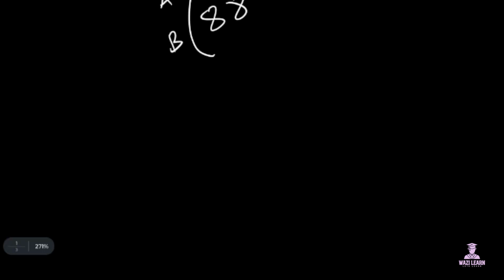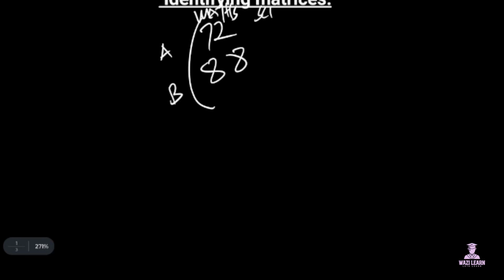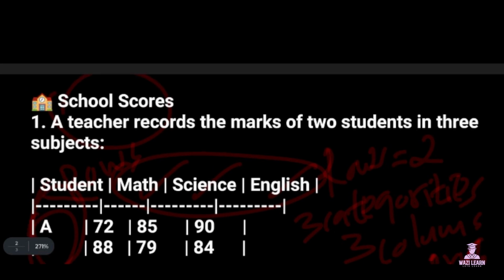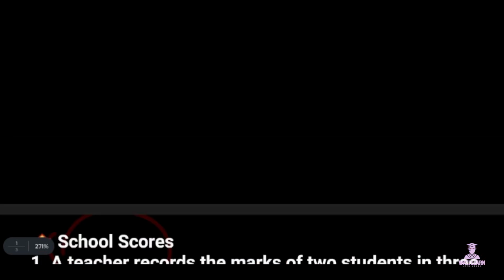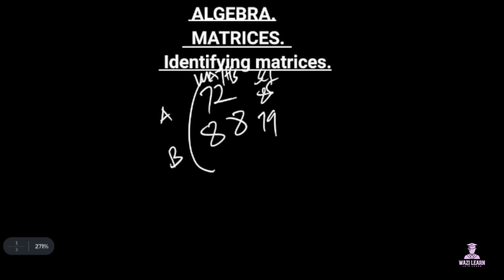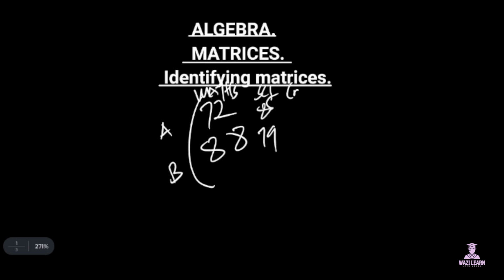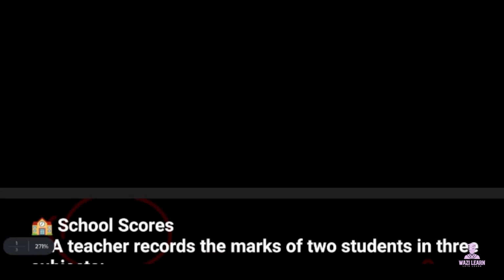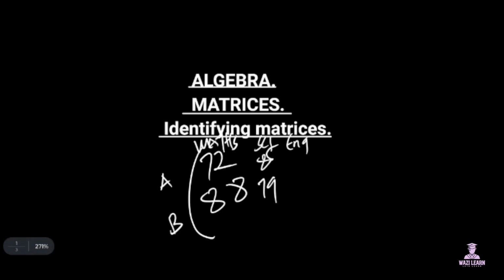And then we'll go to science. So it will be 85, 79. And then the last one will be English. Student A, 90. Student B, 84.